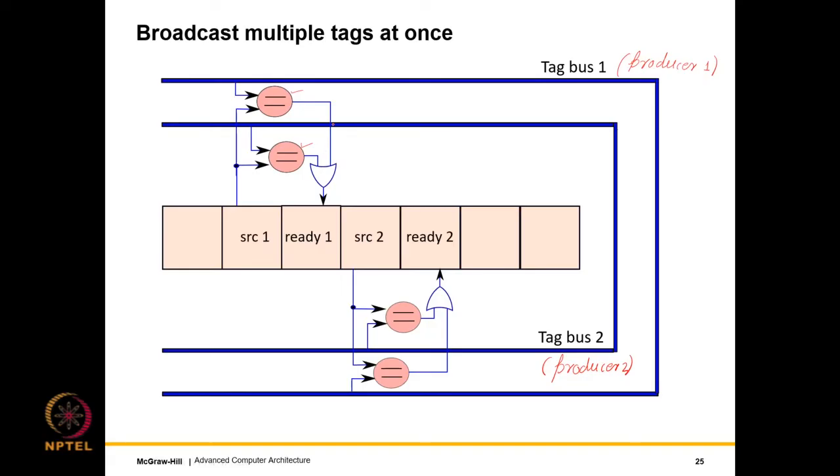We'll never broadcast the same tag on both the buses, so there will be at most one match. If there is a match, the OR gate will catch it and it will set the ready bit. Same is the case with the ready bit for the second source, where we will broadcast two tags. And if there is a match, this will be captured by the OR gate and this will set the status of ready 2.